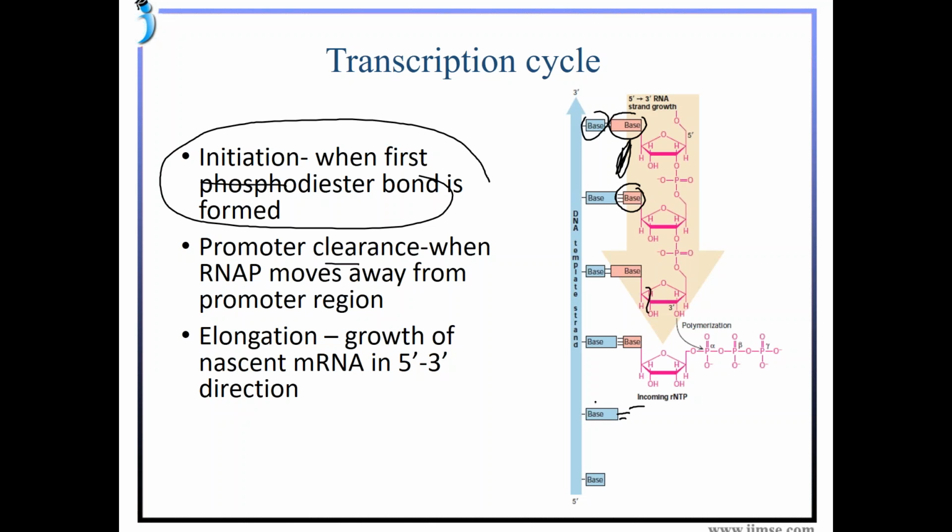If they follow Watson-Crick pairing, the bond will be strong, so they will not go away. If C comes, it will go away. If G comes, it will go away. If A comes, it will go away. If T comes, it will bind strongly. Immediately RNA polymerase will form the phosphodiester bond. This will be a continuous process, and this process is called your elongation.